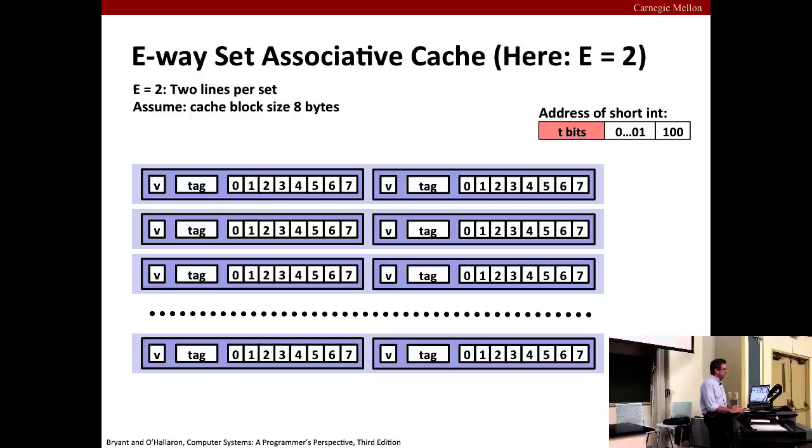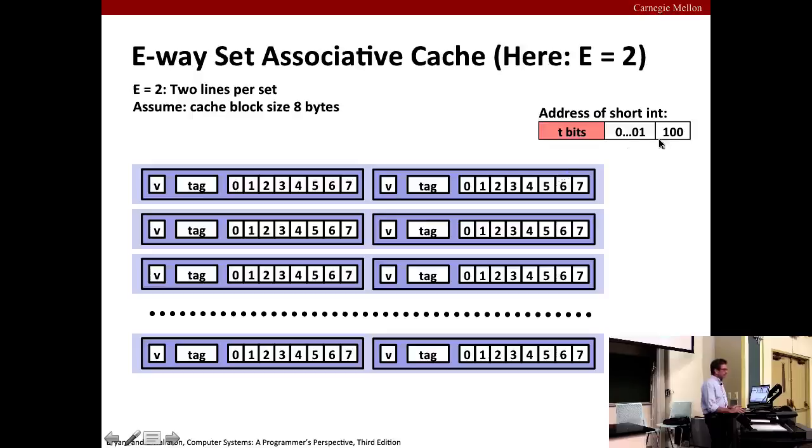So here E equals 2, so it's two-way associative. So let's suppose we have a two-way associative cache. So here we have our array of sets, and now each set contains 2 lines, instead of 1 line.